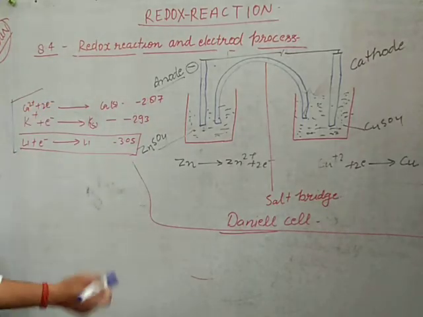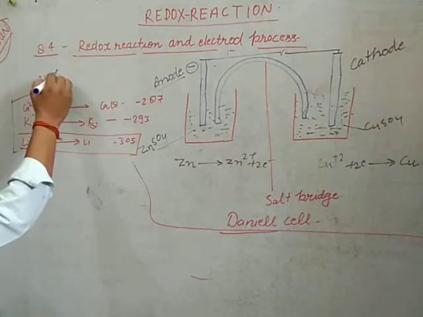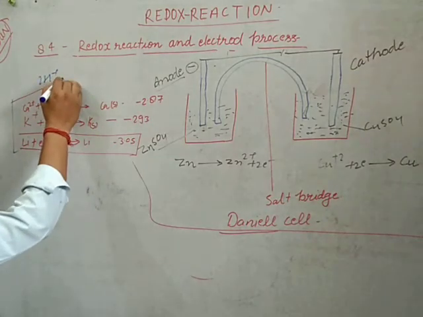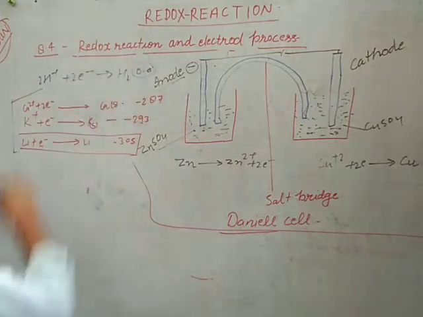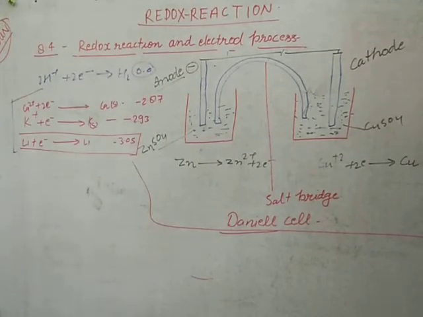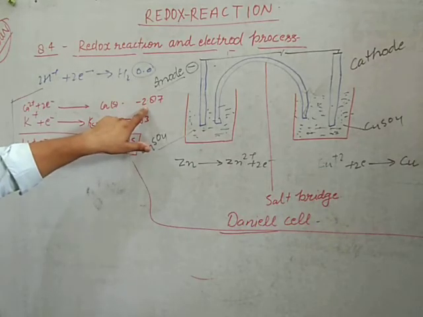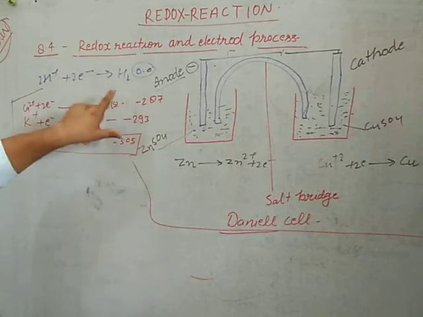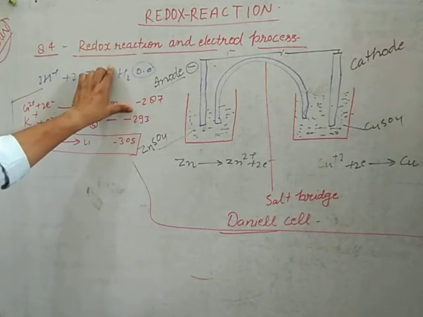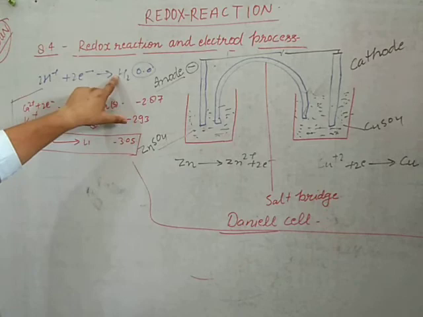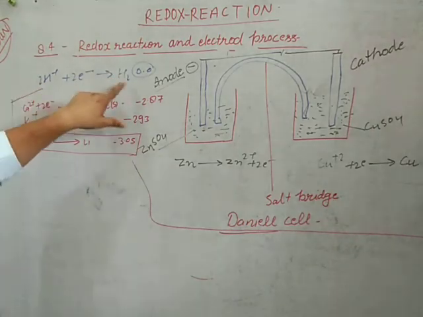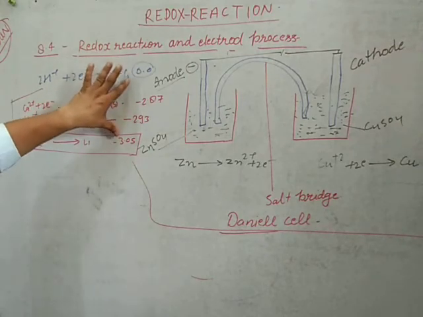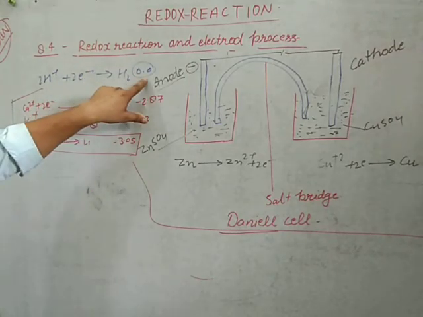But if we write for hydrogen, it is 0. In these three, that one is the better oxidizing agent. But if we compare with the hydrogen redox couple, this one is the better reducing agent, because the standard electrode potential of hydrogen is 0.